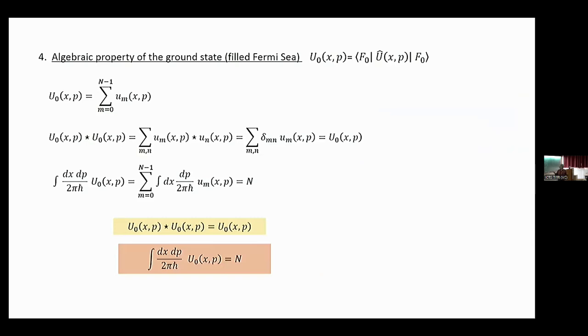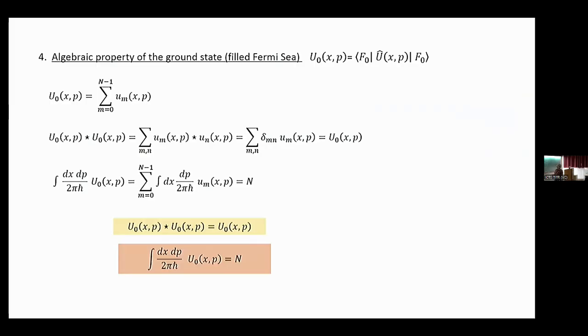So they drop out. Only diagonals remain. So therefore, this sum becomes again U0. So you have this result that the n particle Wigner distribution also satisfies this property that it goes to itself under a star product with itself.